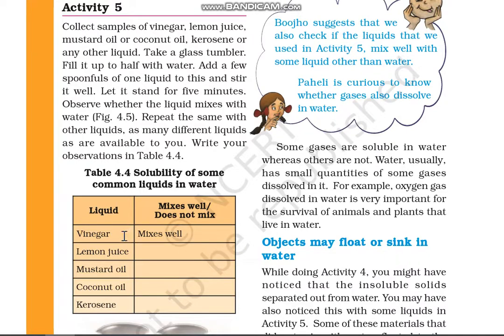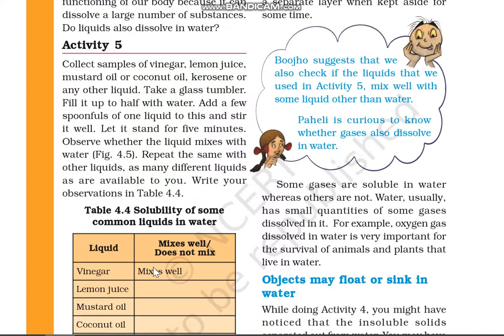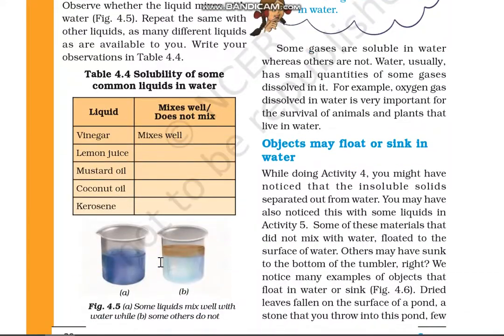When you mix vinegar in a glass tumbler with water, you will see that it is completely mixed. It means it is soluble in water. On the other hand, when you put coconut oil or mustard oil in water, you will see that it will not completely dissolve. So it is showing that it is insoluble in water. On the basis of solubility, they can easily be distinguished.